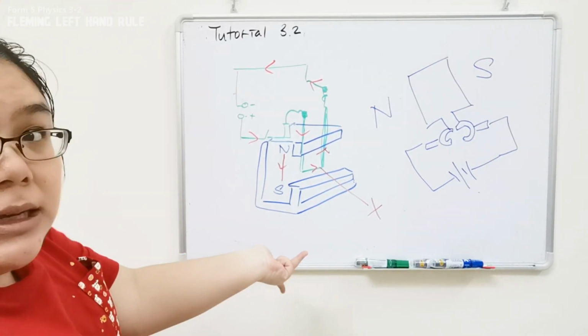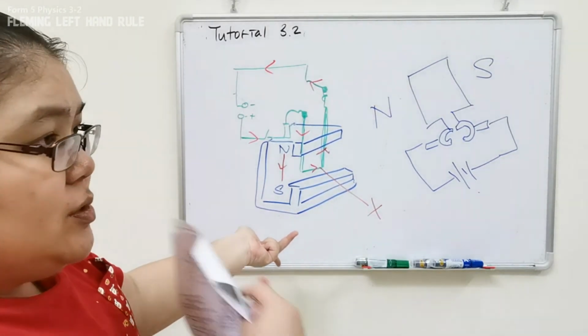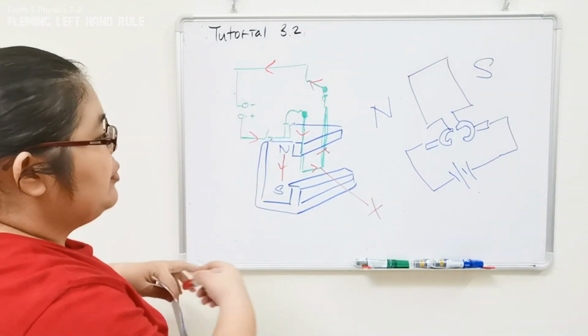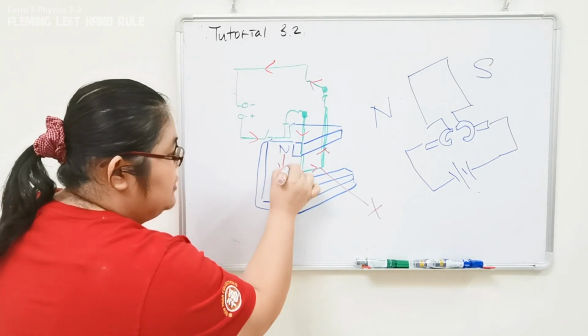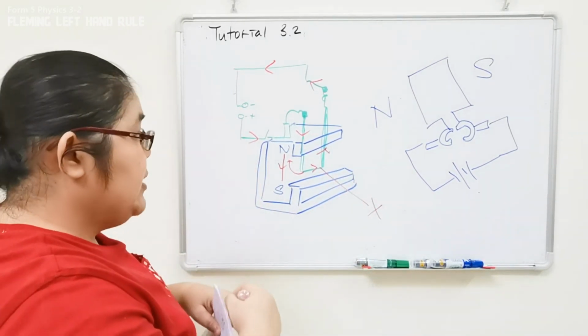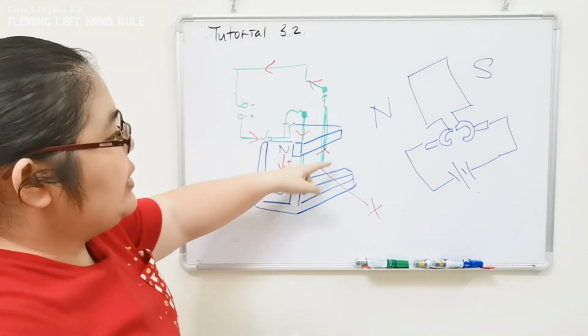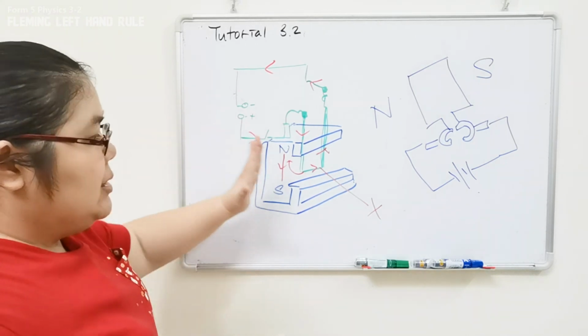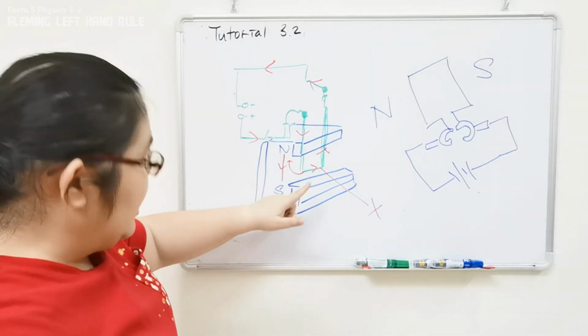Can you see my thumb? My thumb goes to my left hand side. Left hand side means that we move here. So finally I find that wire X will move inside the magnet.